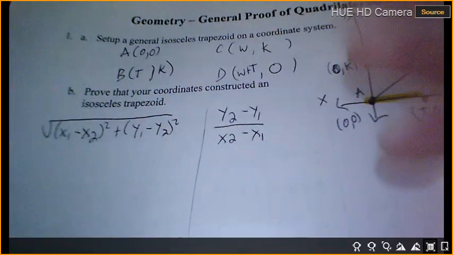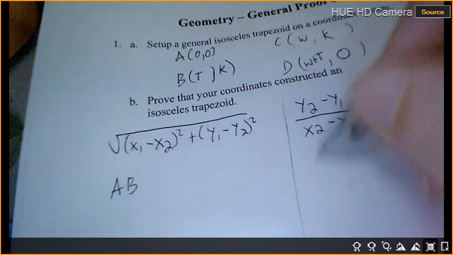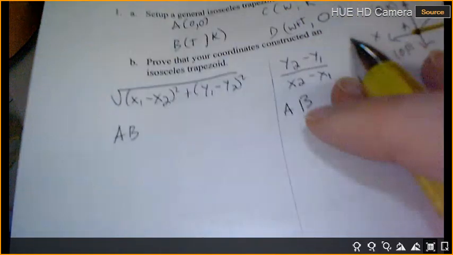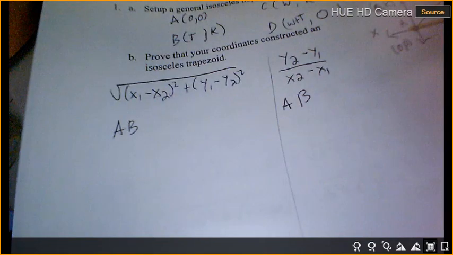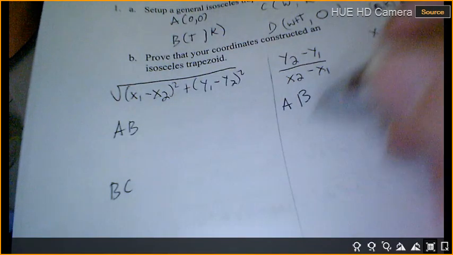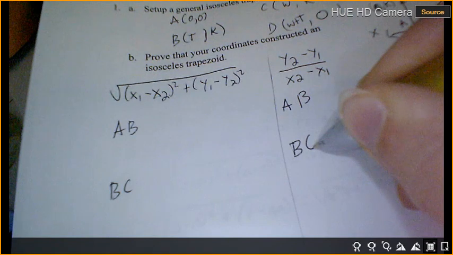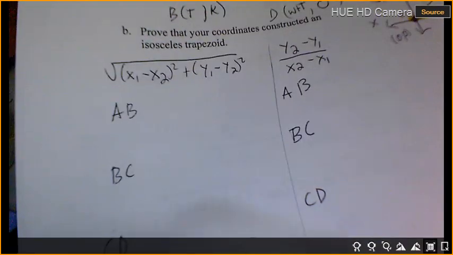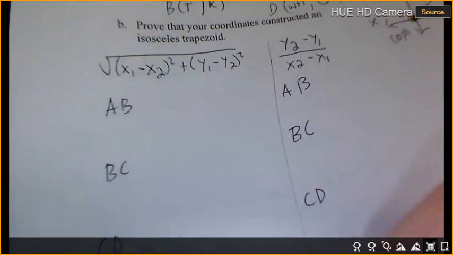We are going to find the distance between A and B and the slope for AB. We are going to find the distance from B to C and the slope from B to C. And we're going to find the distance between C and D and the slope for C to D. And we're going to find the distance from A to D and the slope for A to D.